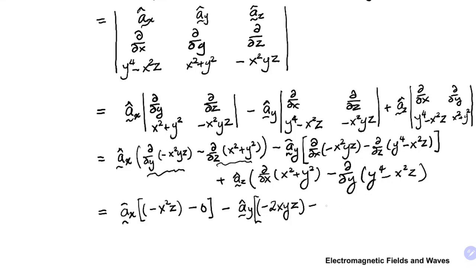Then minus x squared for this one. So y to the 4, there's no x there, so that becomes 0. So minus x squared z. With respect to z, that will be minus x squared. And then this one will simply be equal to 2x.